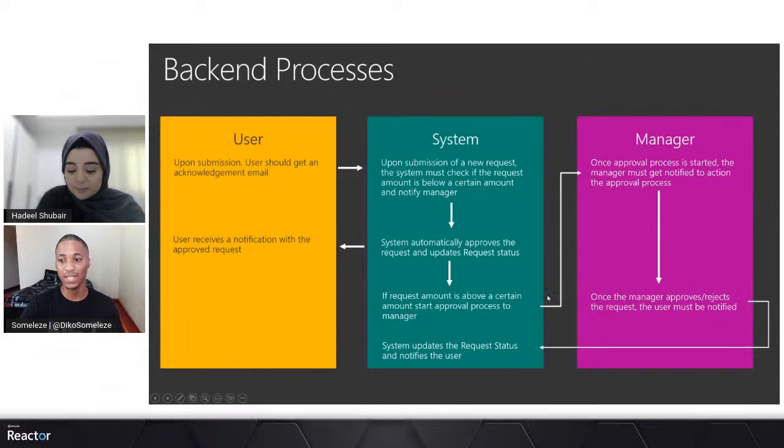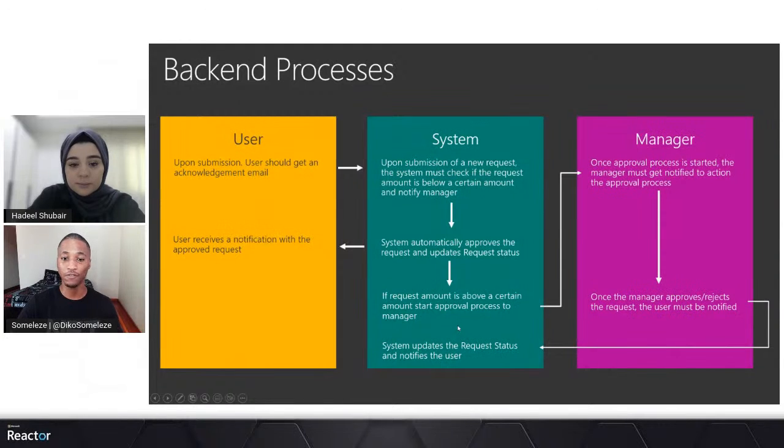The system will then send the approval request to the manager. And then once the approval process is started, the manager must get that notification to action the approval process, either to reject or approve. And once the manager approves or rejects the request, the user must be notified, meaning that the system would update the request status and then notify the user.